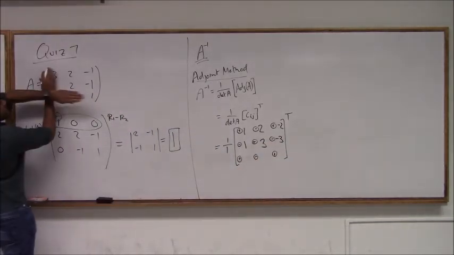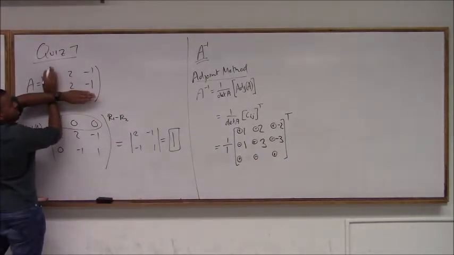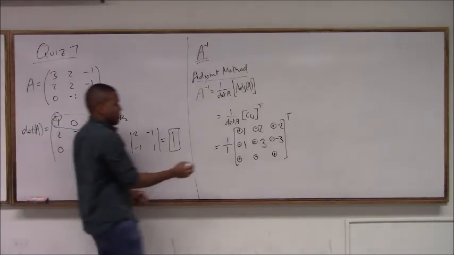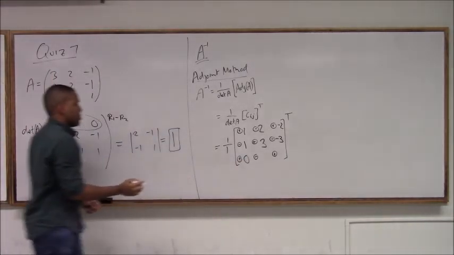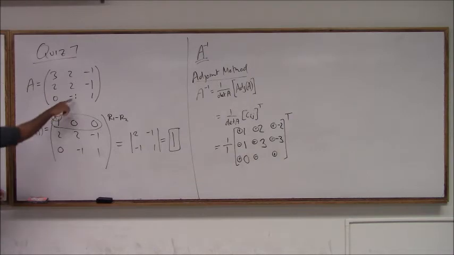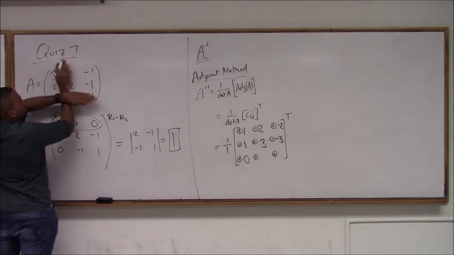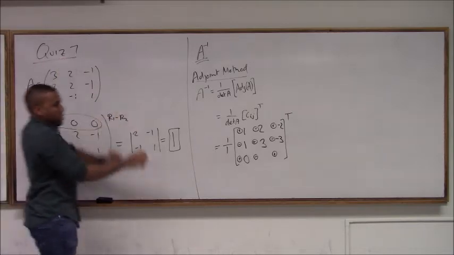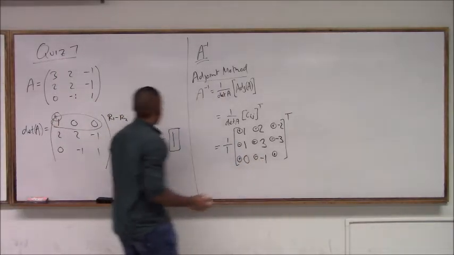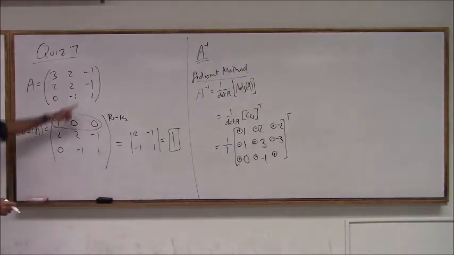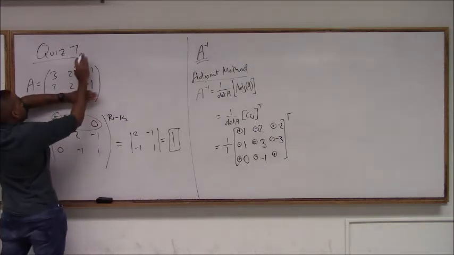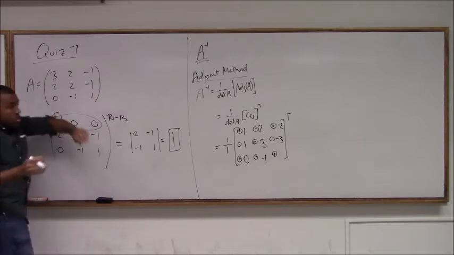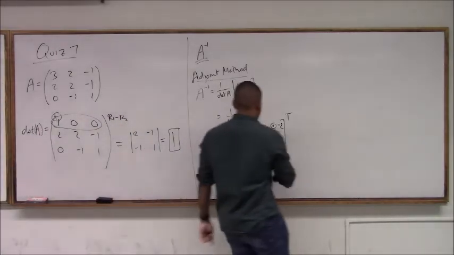Replace the 0 with that cofactor, that's just 0. Replace this guy with his cofactor, that's minus 3 plus 2, so it's minus 1. And finally, replace this one with his cofactor, and that's going to be 6 minus 4, that's 2.